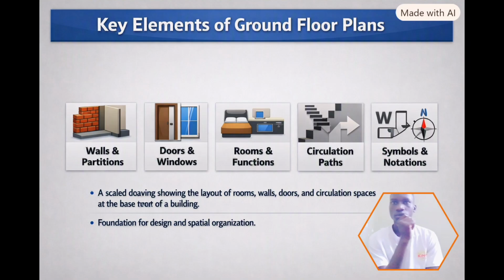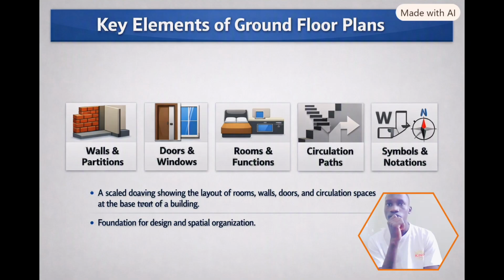So we have doors and windows. We have rooms and their functions. These are like some fittings in the building. We have the circulation paths, or these are like walkway paths. Then we have symbols and notations. For symbols and notations, I think this basically applies to advanced buildings or very big ones, like a company or a factory.